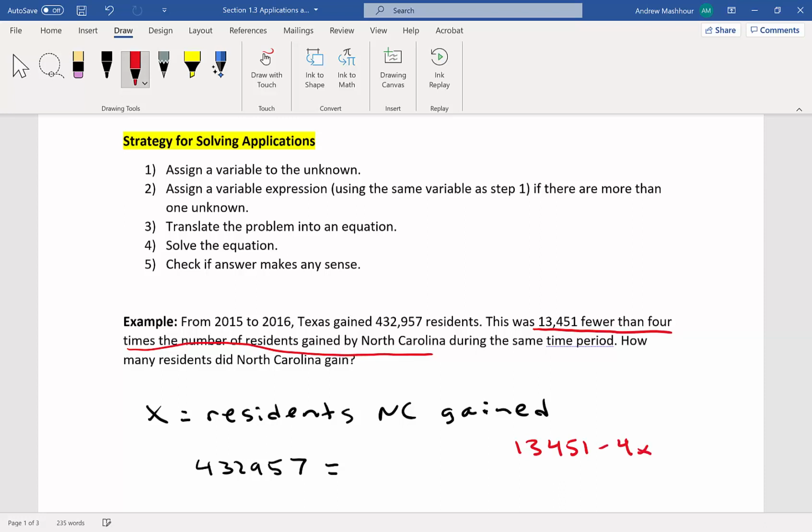So just be careful because it's saying that this is 13,451 fewer than 4 times the number of residents gained by North Carolina. So that indicates that we have 4x and then minus. So this is 4 times the number of residents gained by North Carolina. And then it says 13,451 fewer than that. So it's going to be 4x minus 13,451.